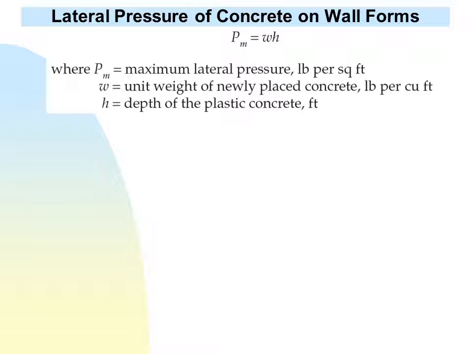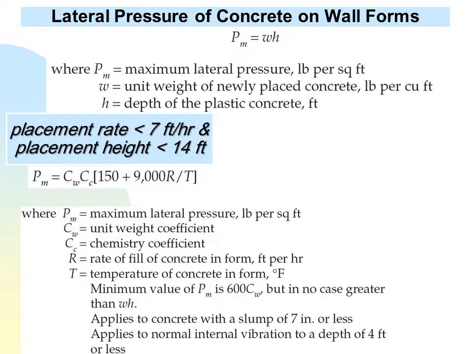So researchers made some relations based on statistical correlations, and it came out that there are several factors that govern the issue of fluidity of concrete, whether it's fluid or not. First is the unit weight itself.